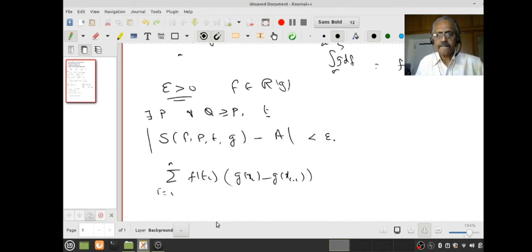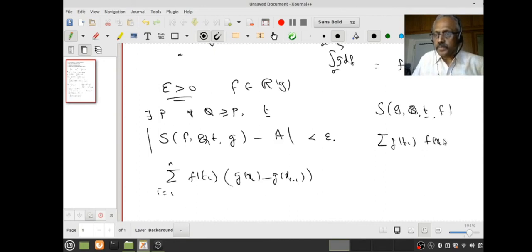What do I want? As I already said, I would like to take the Riemann sum approach for the other integral, at the partition Q, tags t, and f. How will this look? It will look like the summation of g of ti times f of xi minus f of xi minus 1.